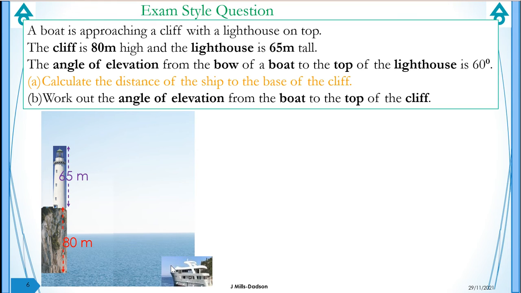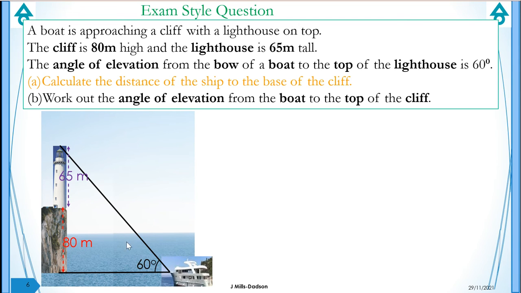When we say angle of elevation, it is the angle from the horizontal of the bow to the top. That is the opening from the horizontal. So angle of elevation is the angle between the horizontal and as you open upwards. So if it is 60 degrees, that means from the bow to the top of the lighthouse.